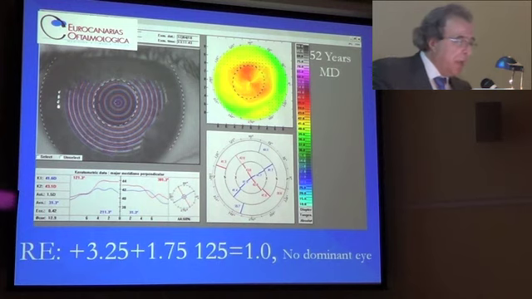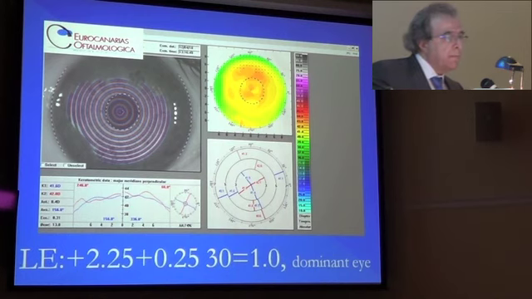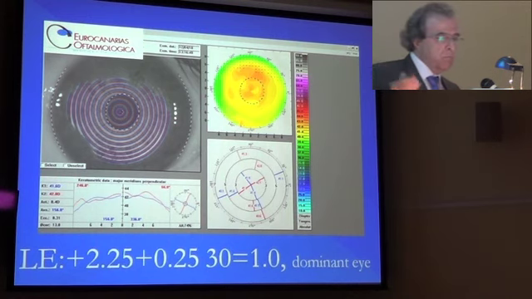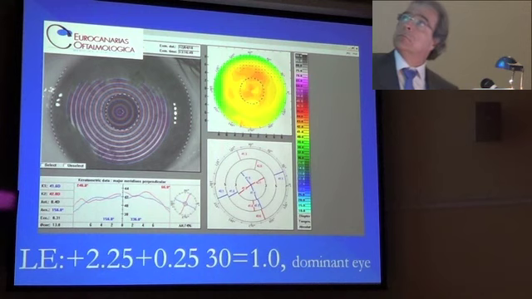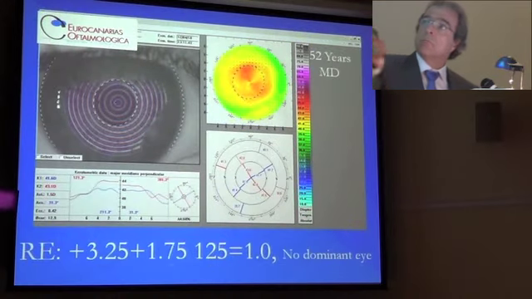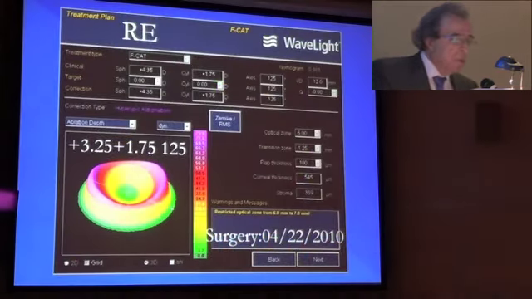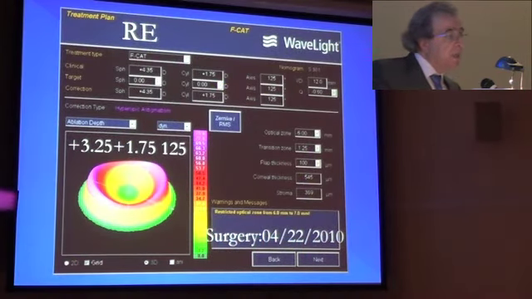The left eye plus 2.25, only a little astigmatism, dominant eye. The surgery was in April 2010.